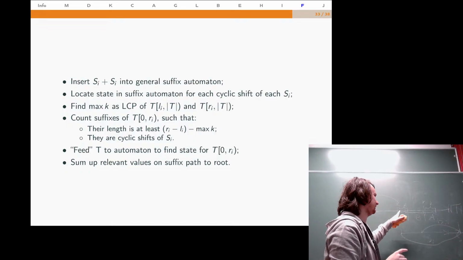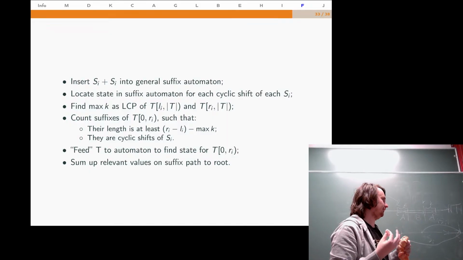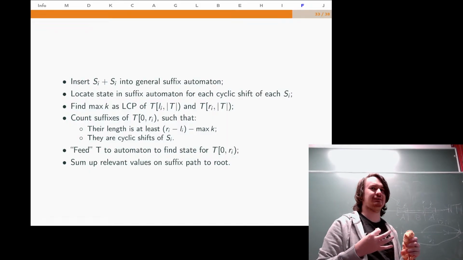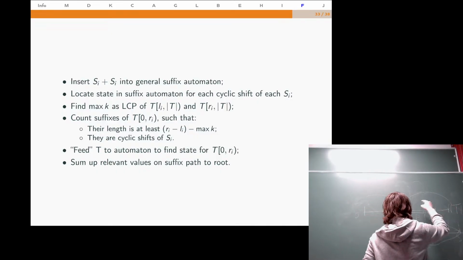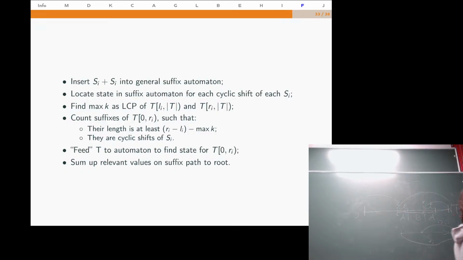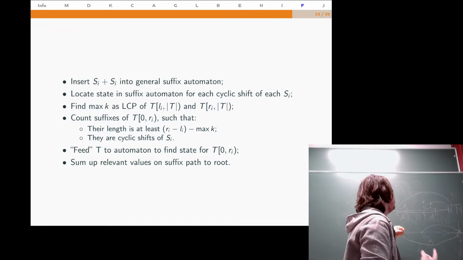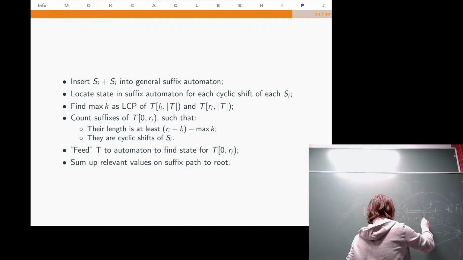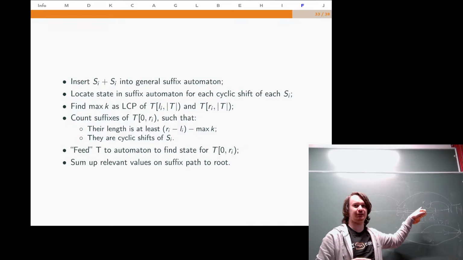From this part of the constraint, any value of k is valid if it is smaller or equal than the longest common prefix of the suffix starting at L and the suffix starting at R. So we can find this longest common prefix, and this gives us the lower bound on the length of this string B that must end at the position R.